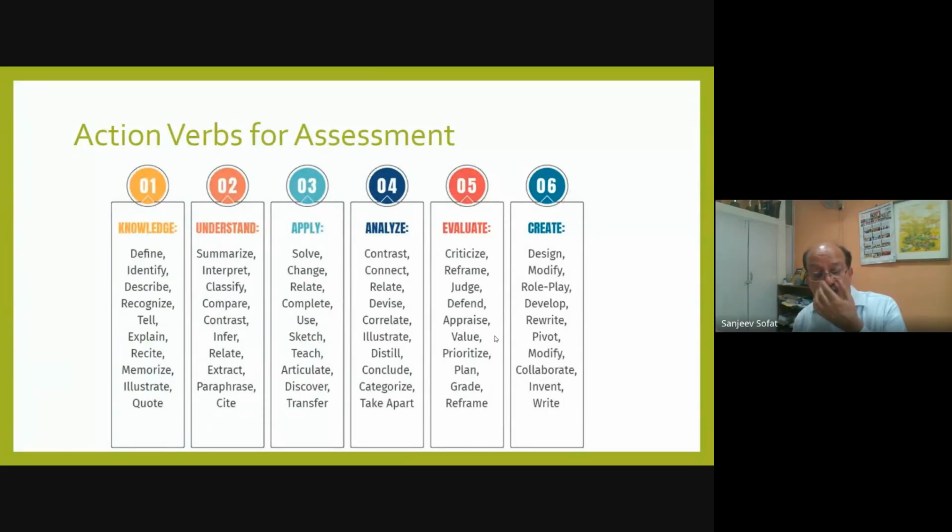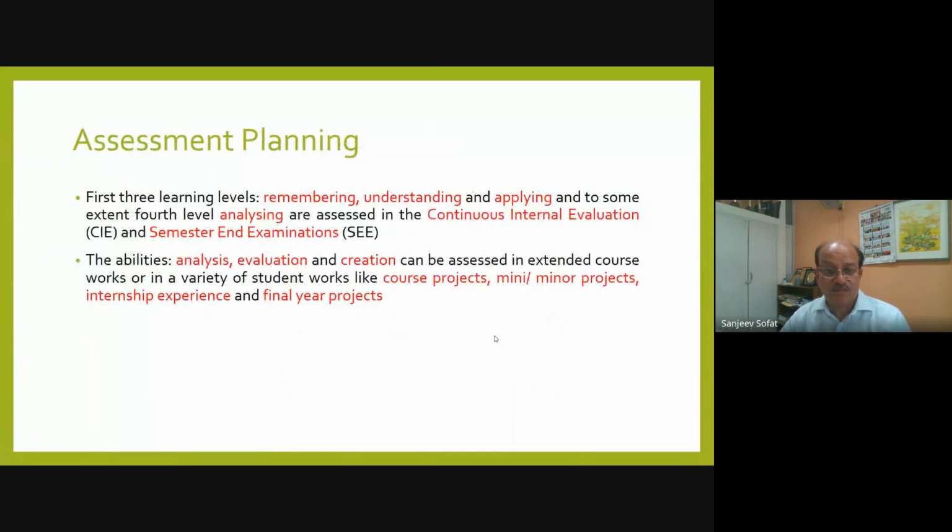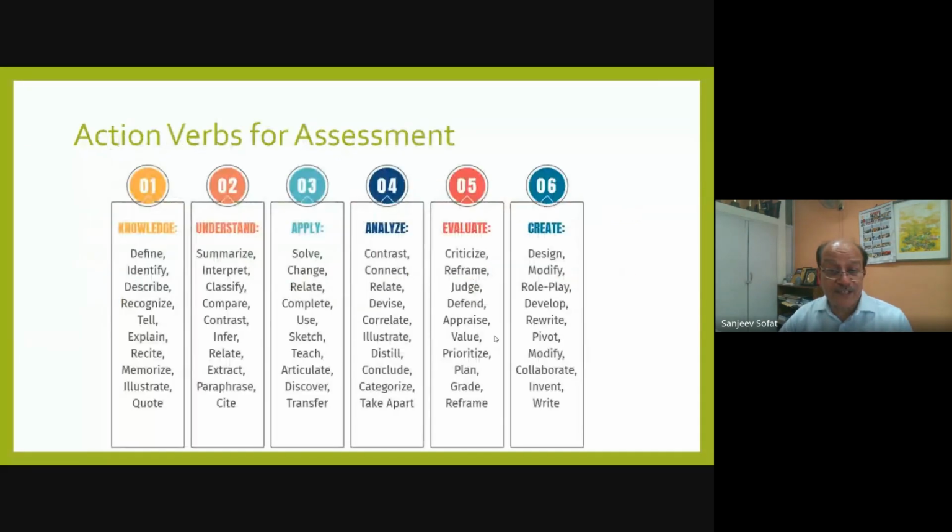And accordingly, we have all these verbs through which we build this sort of questions. Now, can I test all of them in the examination? Can I test knowledge, understanding, apply, analyze, evaluate, create in the same examination?